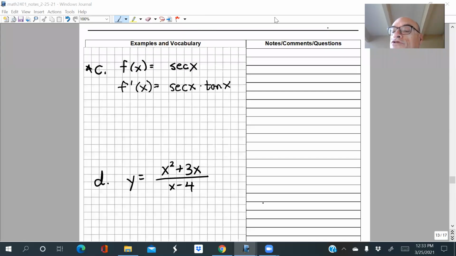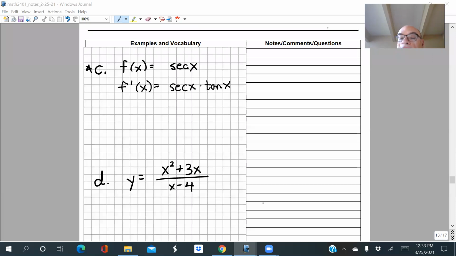Okay, I'm resuming the recording. So let's discuss the second derivative of the secant. Not that we'll use the second derivative of the secant all that often, but this is a good example for illustrating the second derivative anyway.